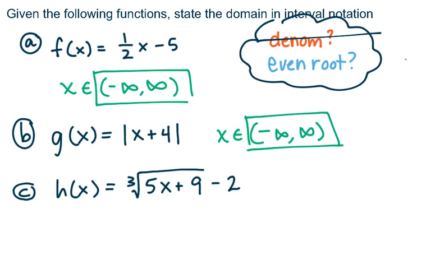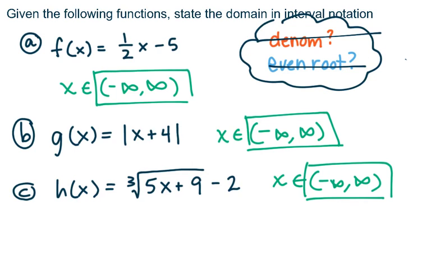This is an odd indexed root. This is a cube root. 3 is an odd number. We do not have an even root. Therefore, the domain for a cube root would be -infinity to +infinity. All real numbers.